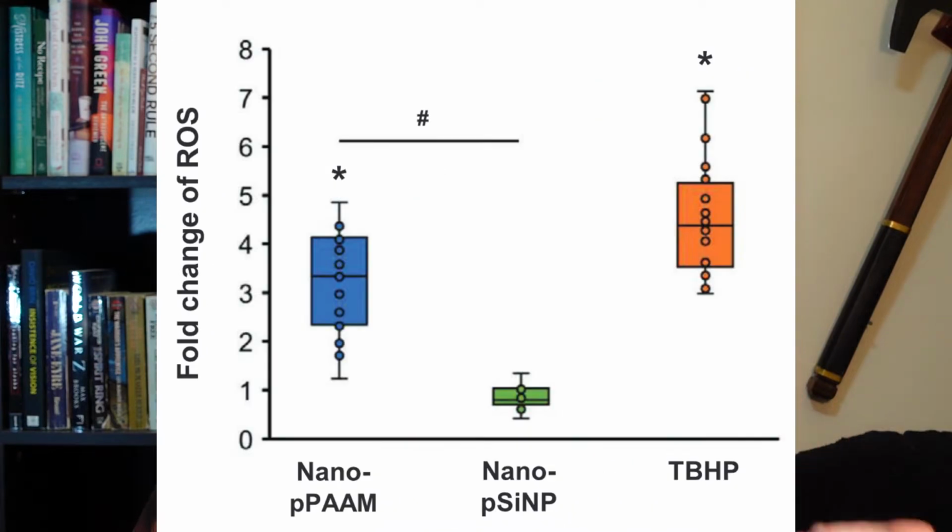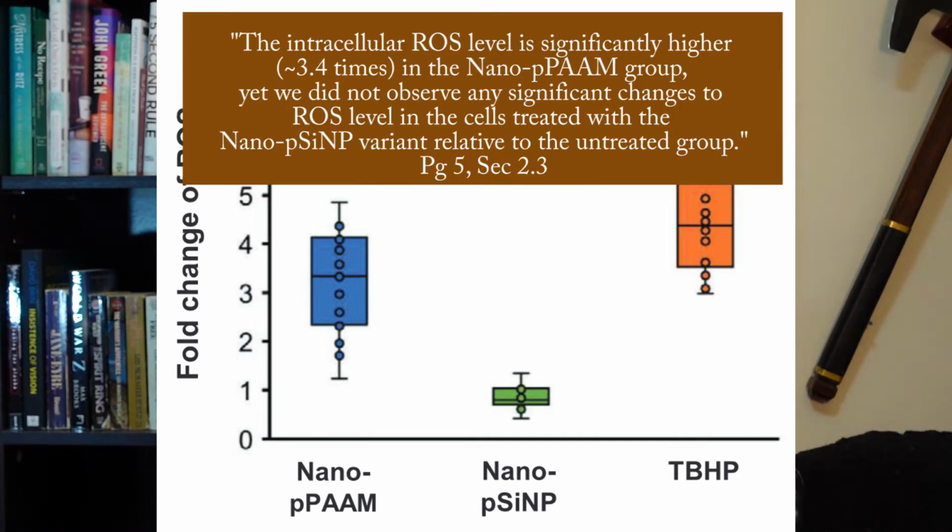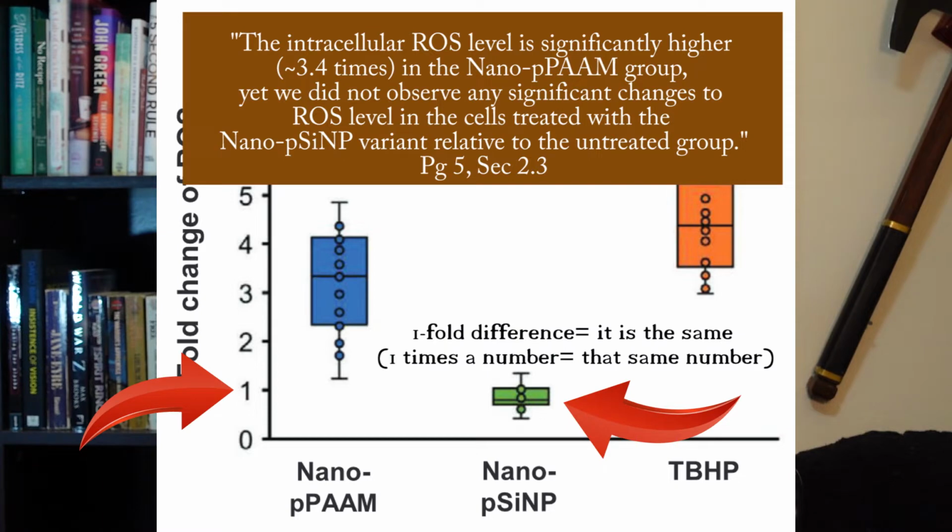And this one is of them checking the ROS levels of PPAM, PSIMP, and that TBHP super good oxidizer versus normal cells. The intracellular ROS level is significantly higher, approximately 3.4 times, in the nano-PPAM group, yet we did not observe any significant changes to ROS level in the cells treated with the nano-PSIMP variant relative to the untreated group.